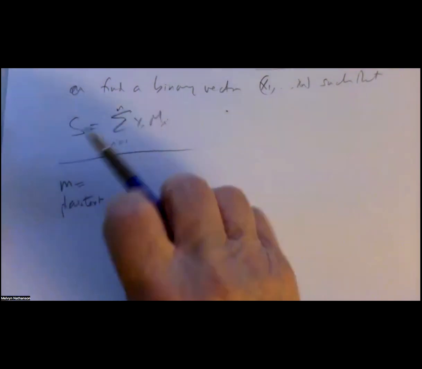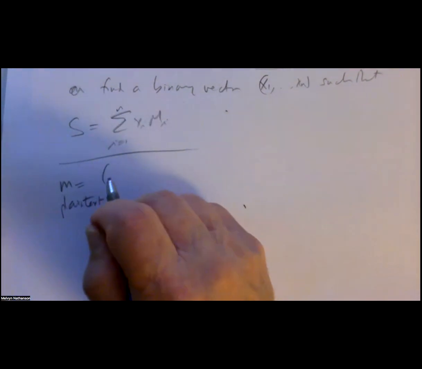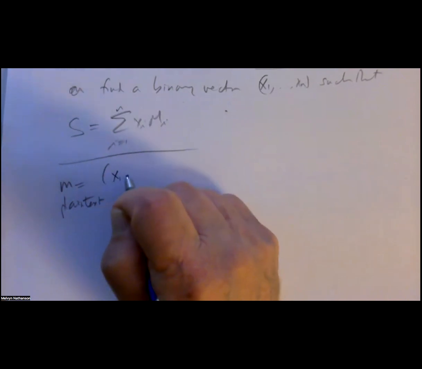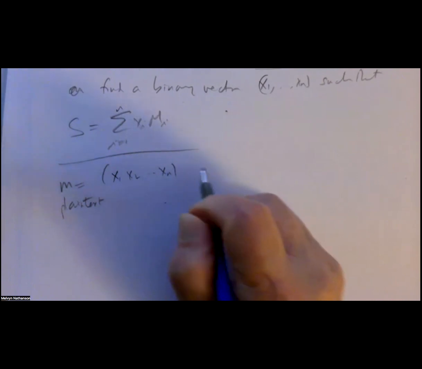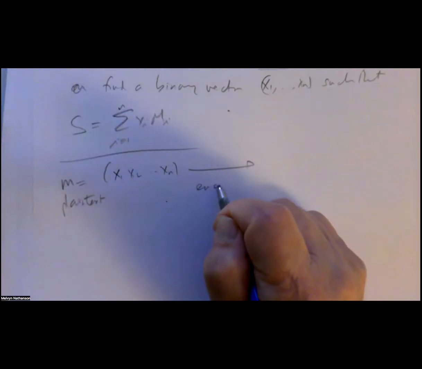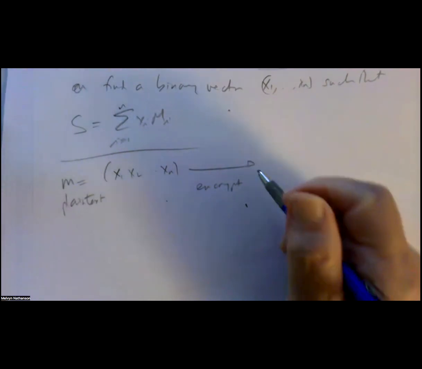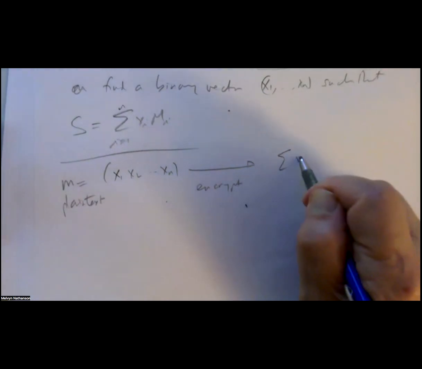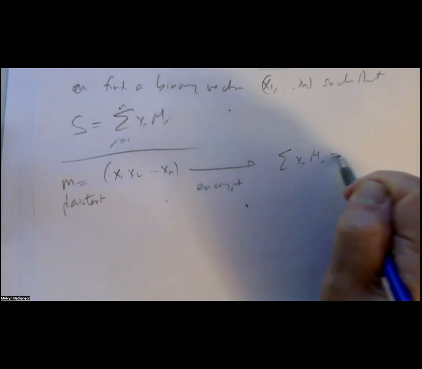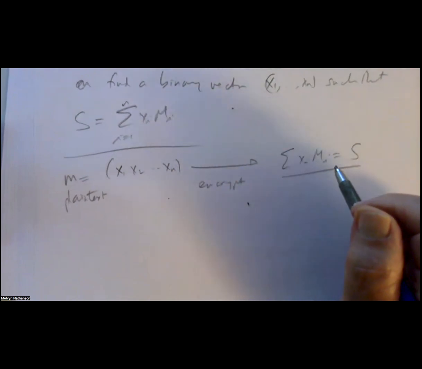You have this plain text, which is a binary vector, x1, x2, up to xn, and you encrypt by forming the subset sum, summation xi mi, you get some number s.